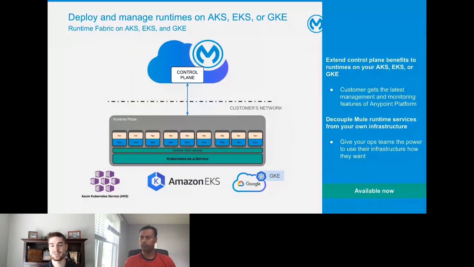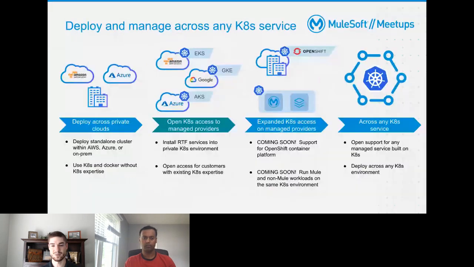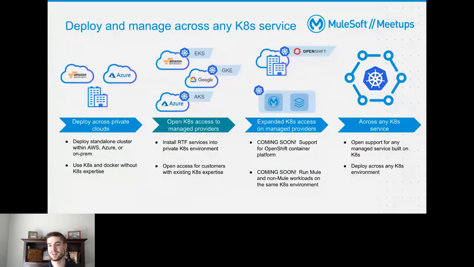In 2018, when Runtime Fabric was first released, you could only deploy to cloud-hosted VMs or your on-premise bare metal servers. It did abstract a lot of the underlying Kubernetes and Docker framework away, so you didn't have to have any expertise or knowledge in those areas. But MuleSoft knows that a lot of their customers are using Kubernetes already for other application workloads, and that their teams do have Kubernetes expertise.